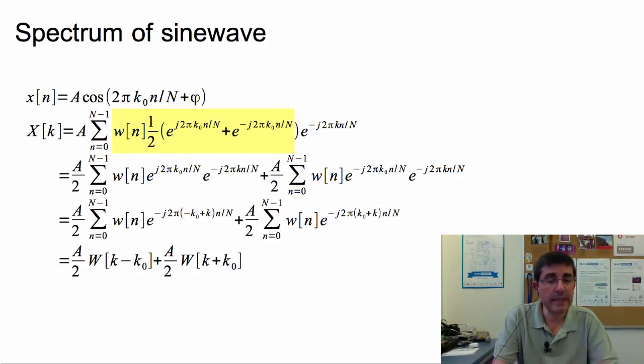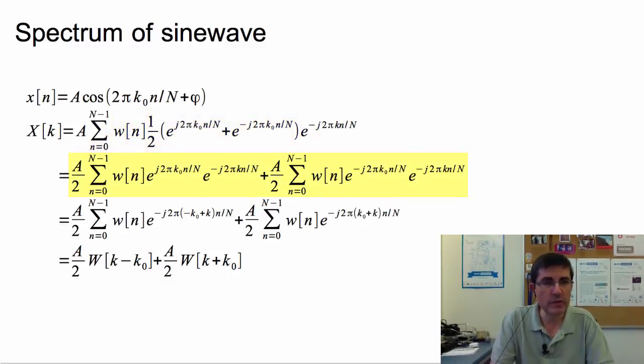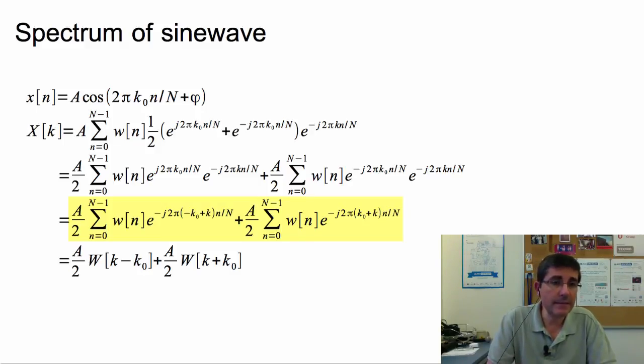And being the sum of two exponential sine waves, we can split that into two summatories, so as separate DFTs. So we'll have the DFT of the negative frequency and a DFT of the positive frequency, each one again multiplied by a window. And these complex exponentials can be grouped together. Basically, this is the DFT of a shifted version of the transform of the window.